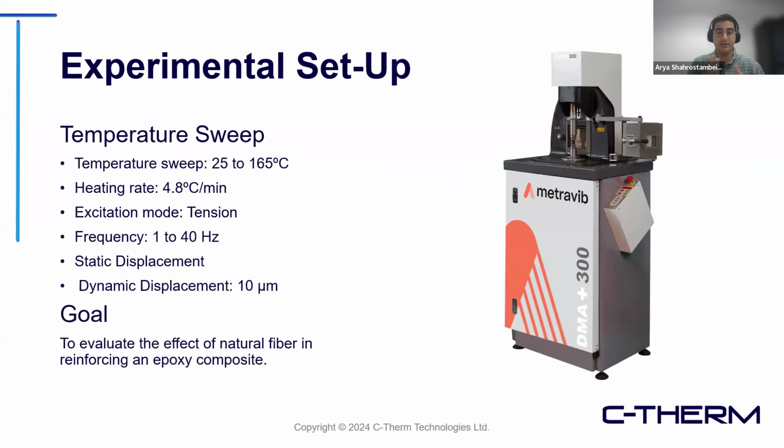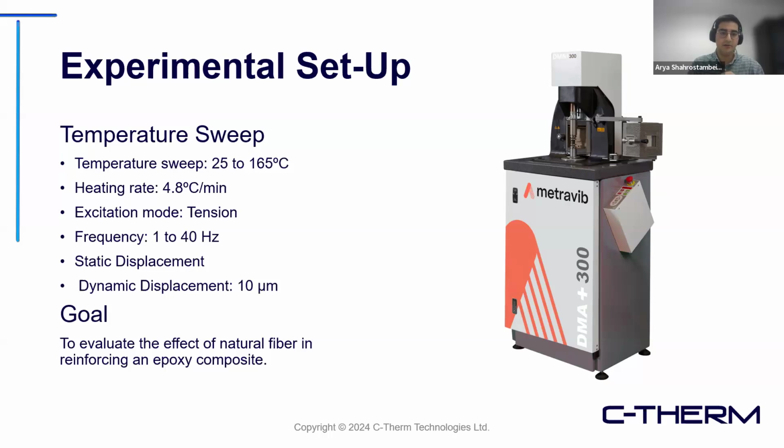The instrument used for this research work was the DMA Plus 300. The test was a temperature sweep. The temperature was from 25 to 165 degrees Celsius with a heating rate of 4.8 degrees per minute, and the excitation mode was tension, exactly the same deformation as you can see in the previous slides.